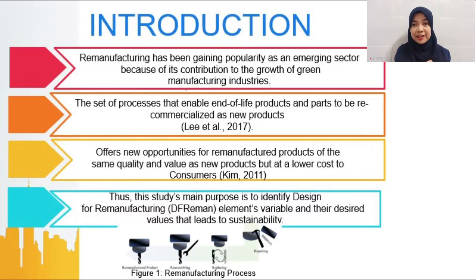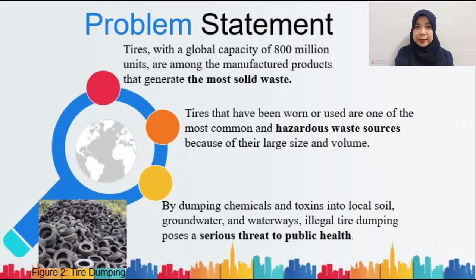The problem statement of this study is that tires, with a global capacity of 800 million units, are among the manufactured products that generate the most solid waste. Tires that have been worn or used are one of the most common and hazardous waste sources because of their large size and volume.